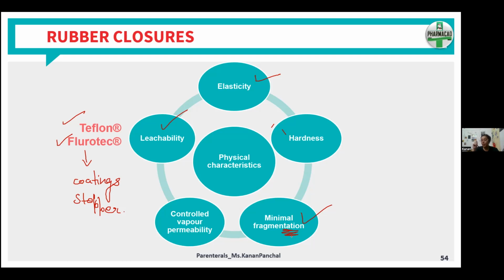Understood? Because it is like a defense membrane, right? So once your needle pierces and goes inside and comes out, it should close back, and fragments should not form due to the piercing action. All right? Hardness should be appropriate and controlled vapor permeability that I've explained here.